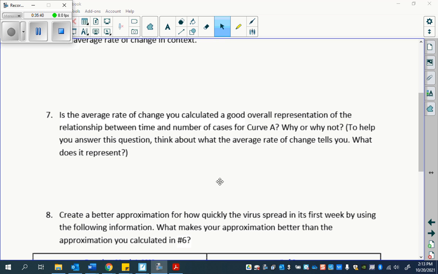What do you think about that time that you used in your equation? Do you think your average rate of change was a good estimate?